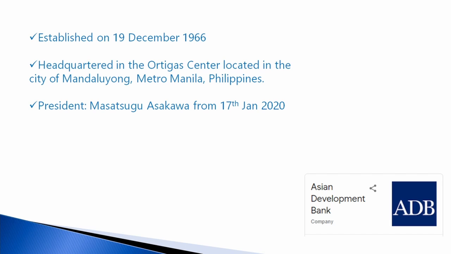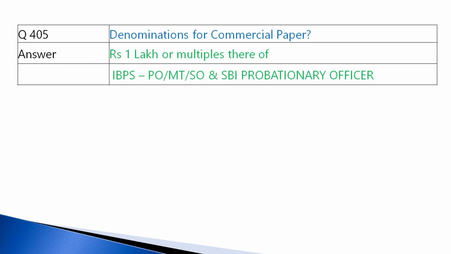Asian Development Bank was established on 19th December 1966, headquartered in the Philippines, and the president is Masatsugu Asakawa from 17 Jan 2020.